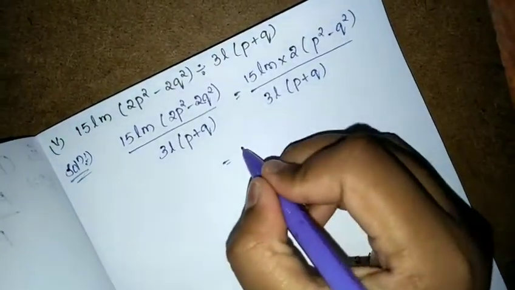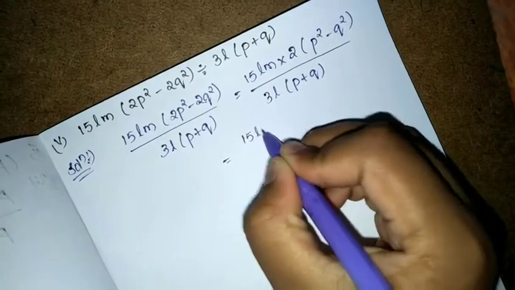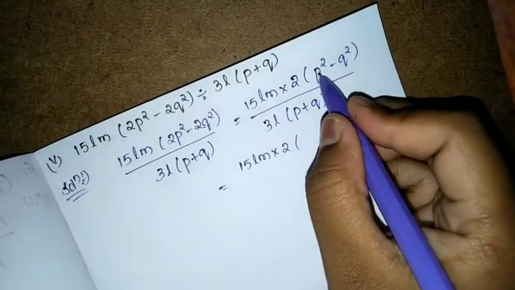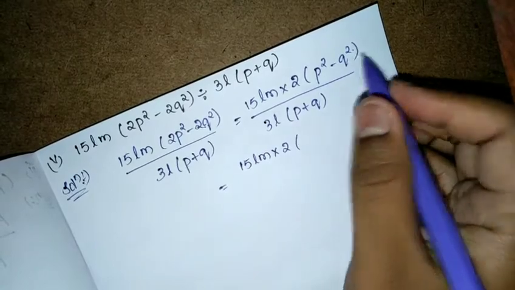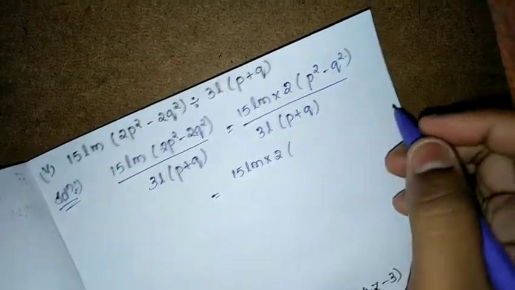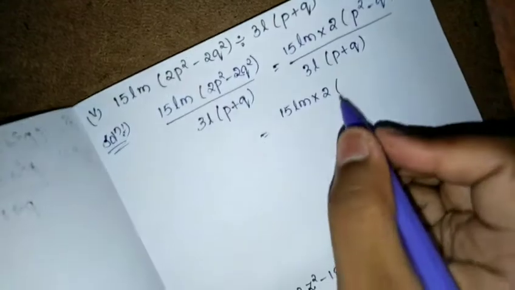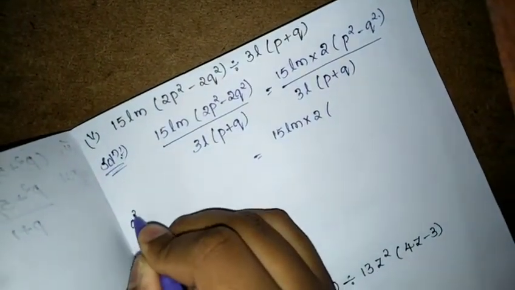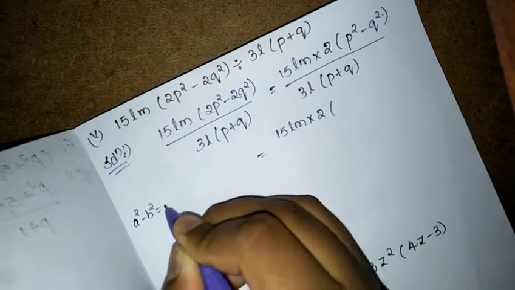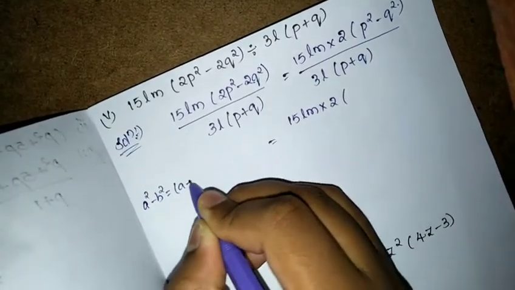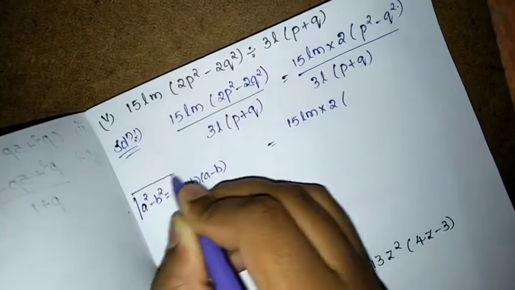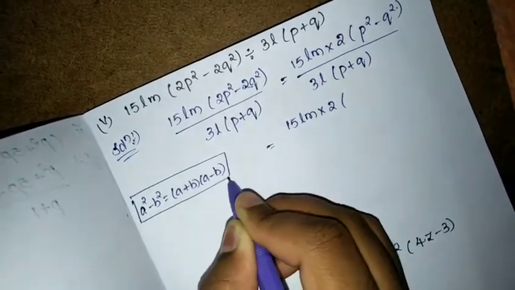Next step is 15lm into 2. So it is in the form of a square minus b square now. So the formula for a square minus b square is a plus b into a minus b. So this is one of the identity formulas.